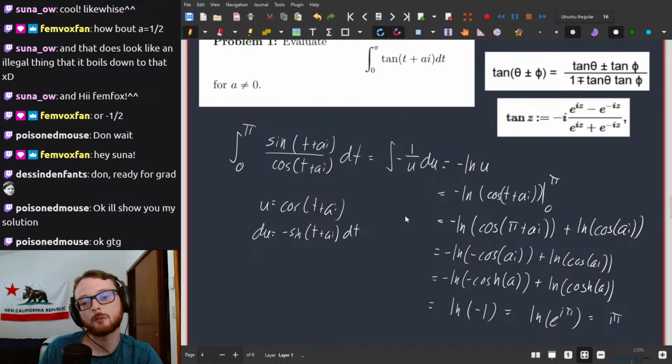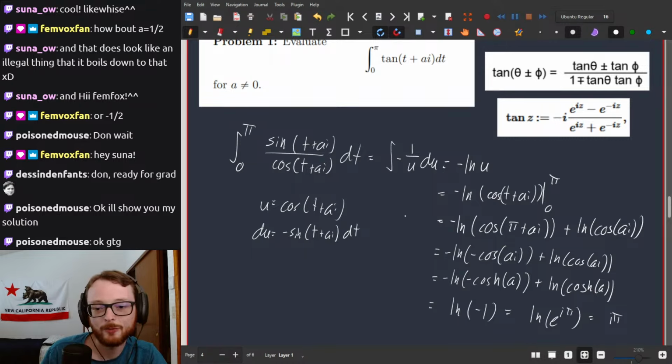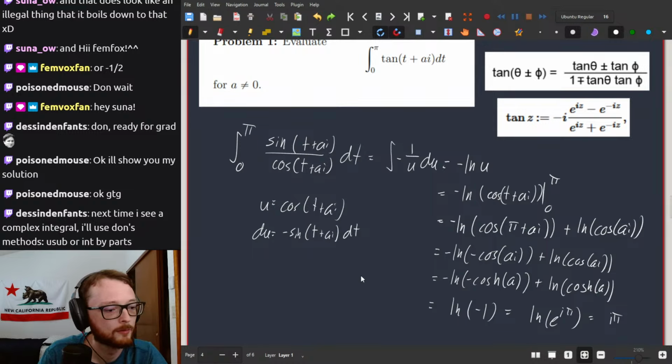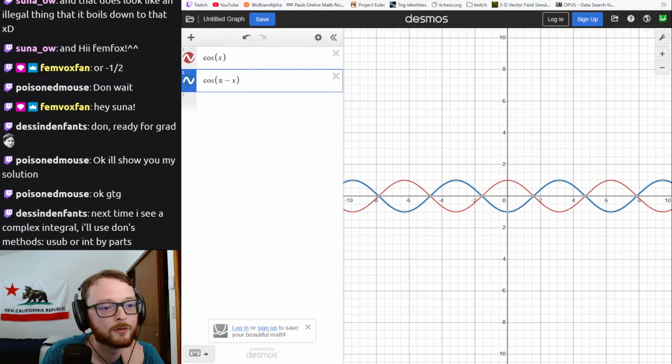Oh, you know what? I bet the issue... No, is it? I wonder if the issue with the sign of A is right here when I make this step. Maybe not.